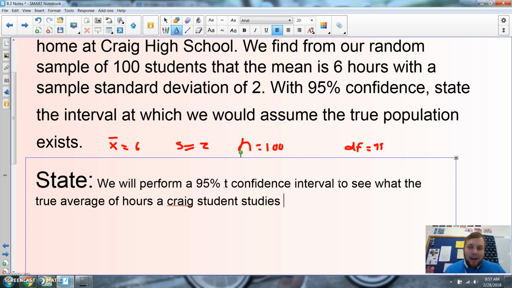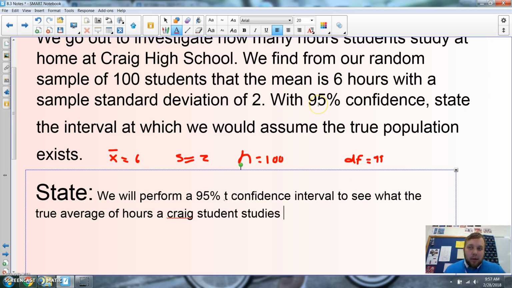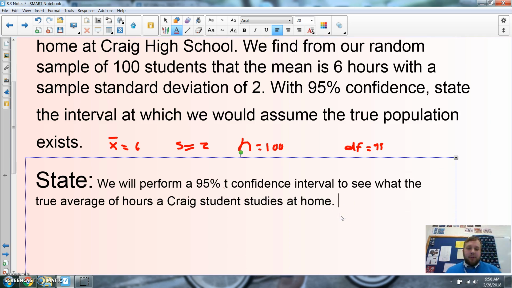Is this every night? At home. It's not very clear whether it's every night. All right, cool. That's my statement.